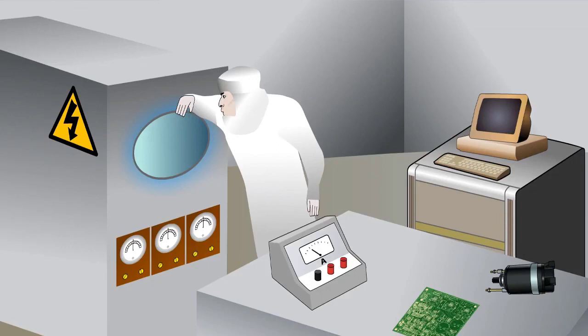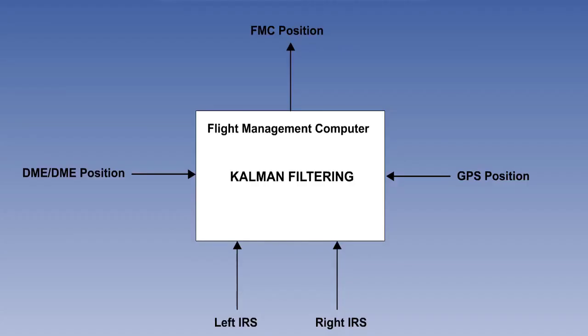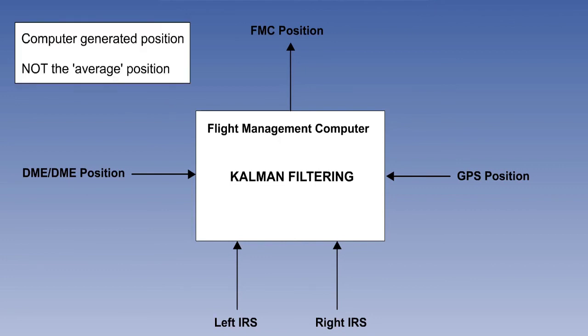They can be minimized by the use of more accurate components and expensive engineering techniques. However, the later generations of inertial systems are only one of several sources of position in a flight management system. And a statistically most probable position is computer-generated by the Kalman filter in the FMS. However, the FMC position is not the average.